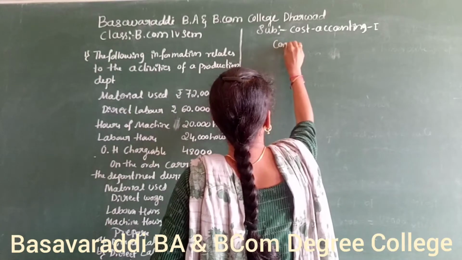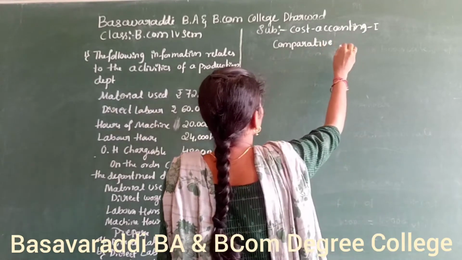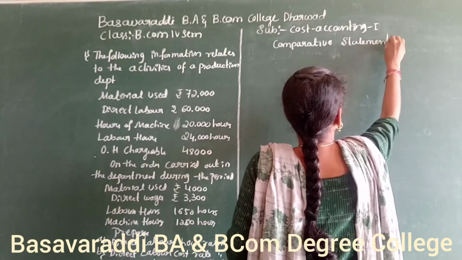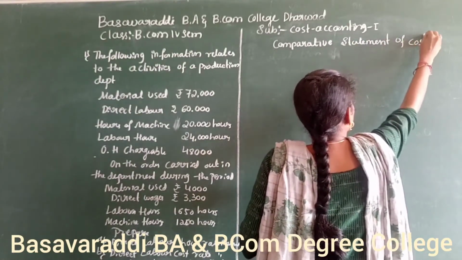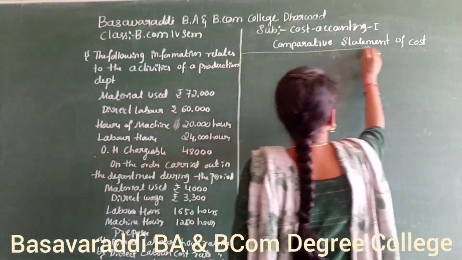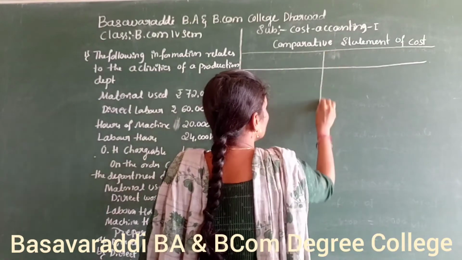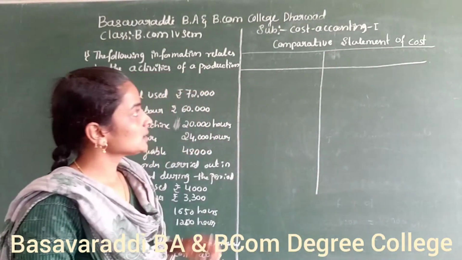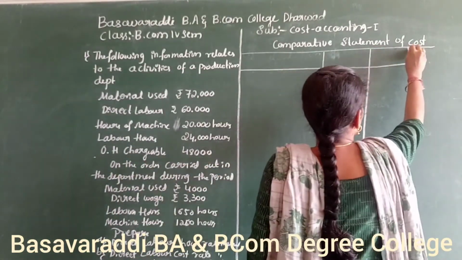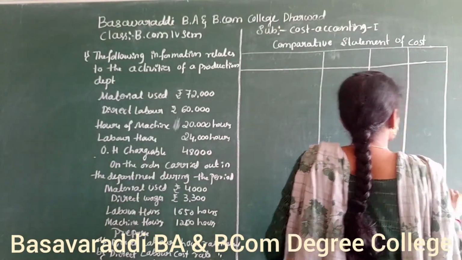It has 4 columns: particulars, material, labor, total.